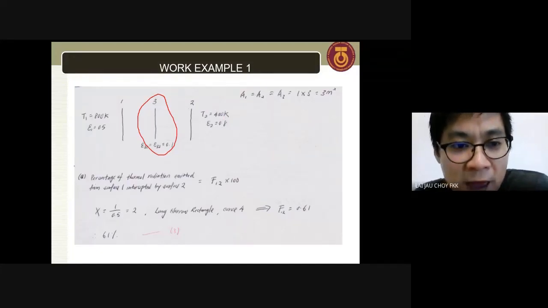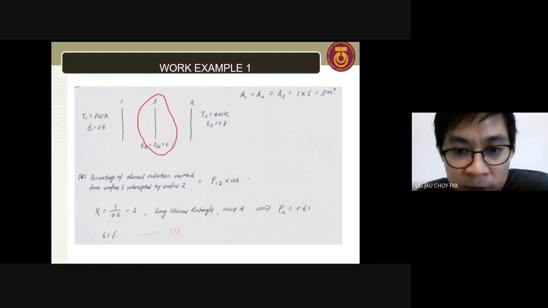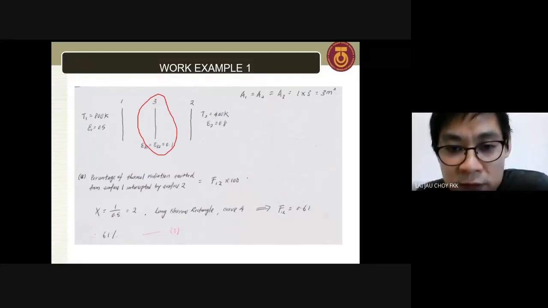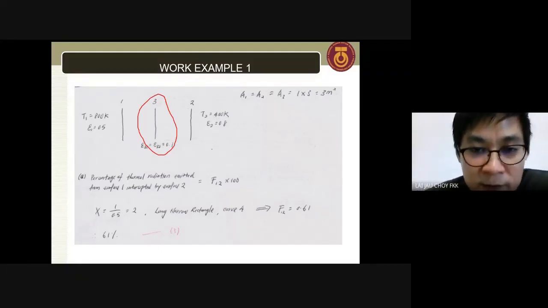Okay, so part A we have already discussed. Just now your friend already discussed the solution. So it's exactly the correct way. The way she explained, she analyzed also very clear, very good. Just now Amino also showed us his solution.